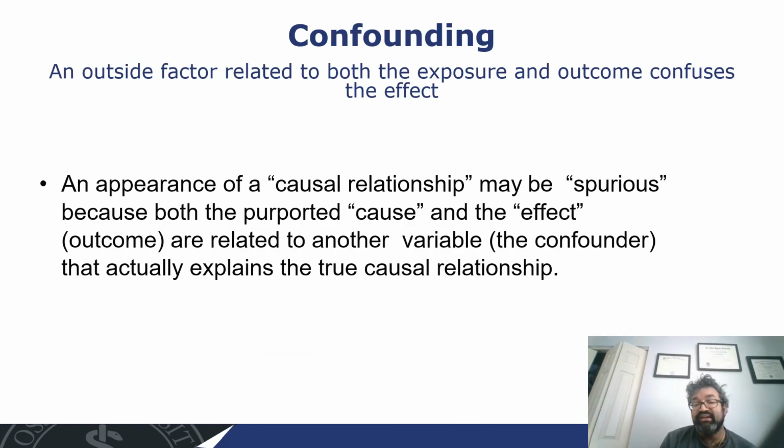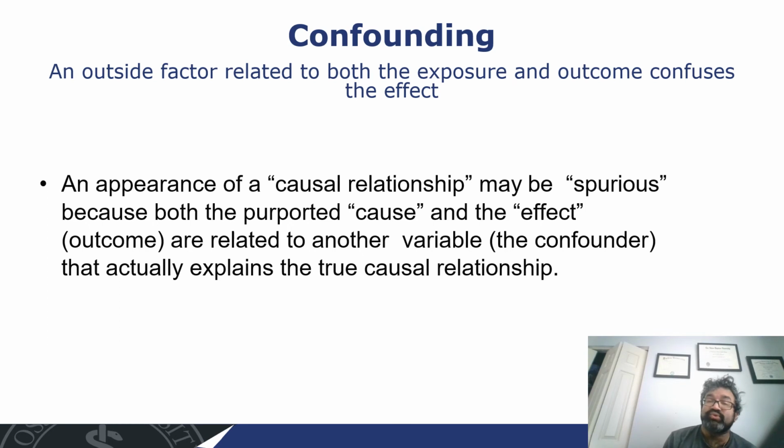So now confounding: an outside factor relating to both the exposure and outcome confuses the effect. So for instance, a lot of children recently are getting the flu. But there's also a relationship between, let's say, eating ice cream and getting the flu.